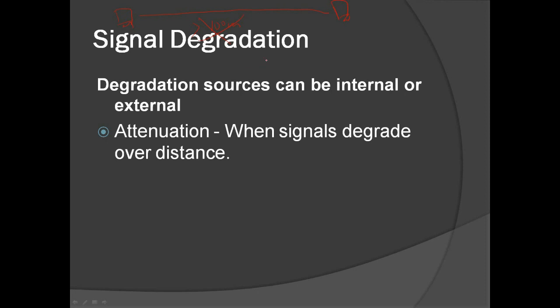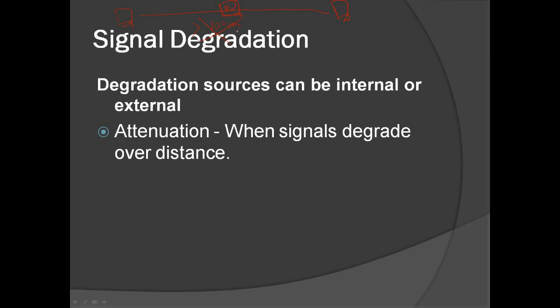So if it's necessary to connect devices on a longer distance above 100 meters, you have to use a repeater, an example of which is a switch. So put a switch in the middle.